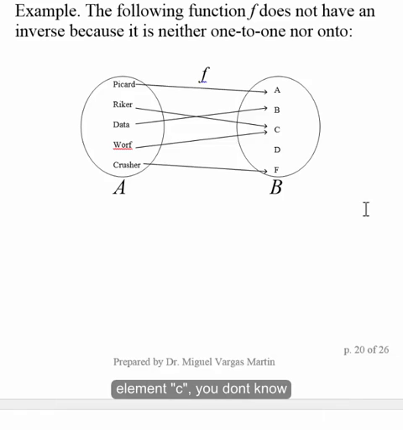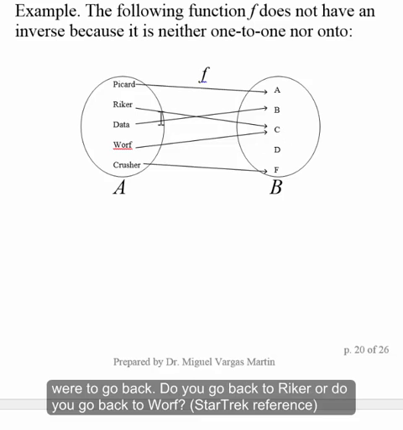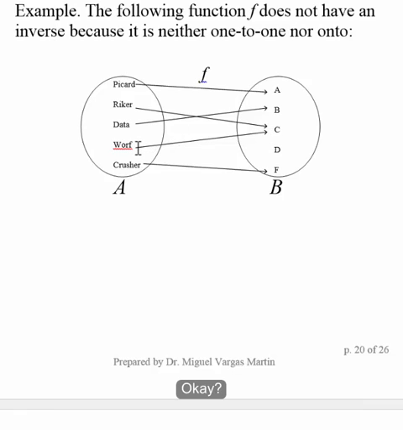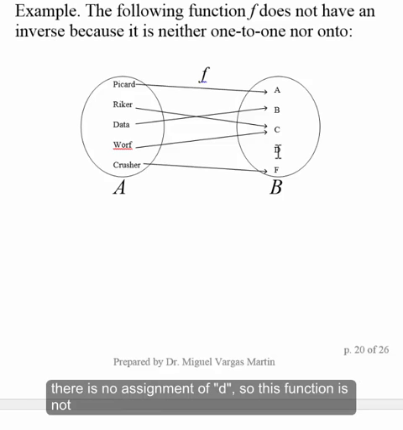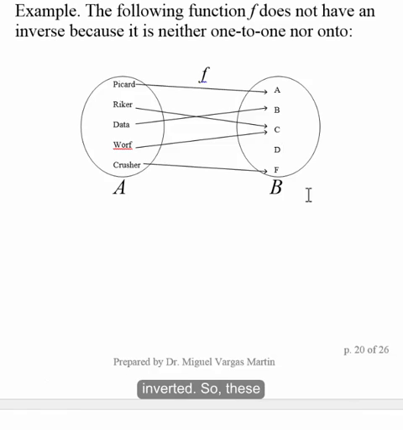If you have element C, you don't know where to go back. Do you go back to Riker or do you go back to Worf? And something similar happens for D. For D, you just don't know where to go. There was no assignment of D. So this function is not invertible.